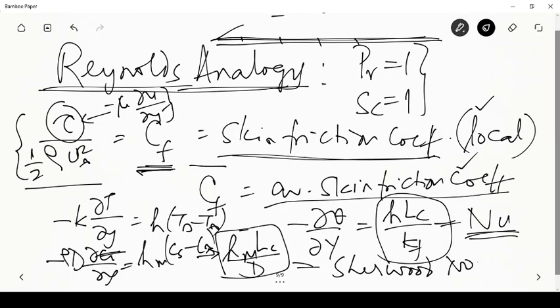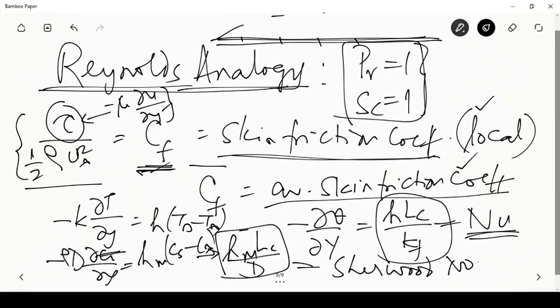Okay, so under the conditions of Reynolds analogy, where the Prandtl number and Schmidt number are equal to 1, the non-dimensional gradients for all these three variables, because the boundary values of these variables are identical, and therefore the solution for all of these variables will be identical, and hence their gradient at the boundary, del by del y of the non-dimensional velocity, non-dimensional temperature, non-dimensional concentration, would all be the same at the boundary.